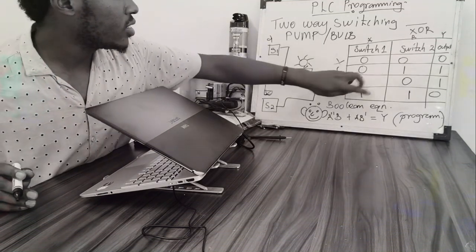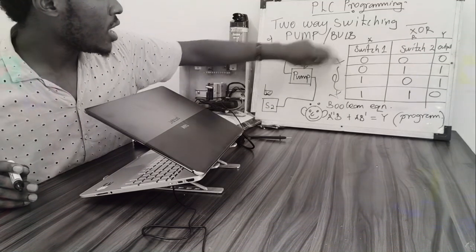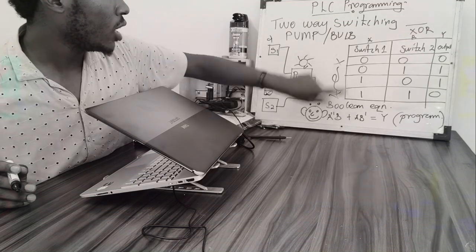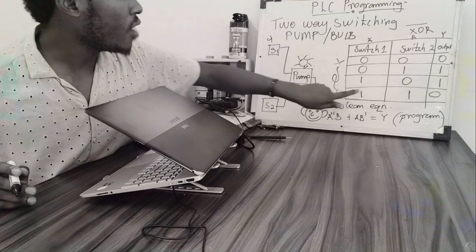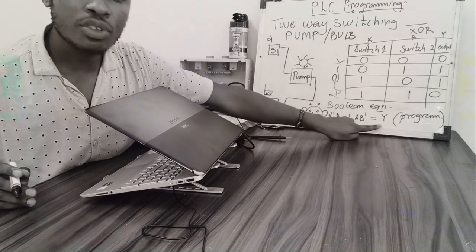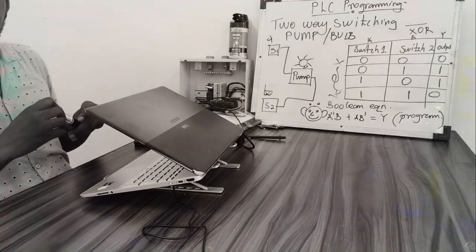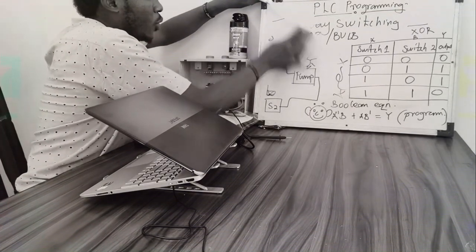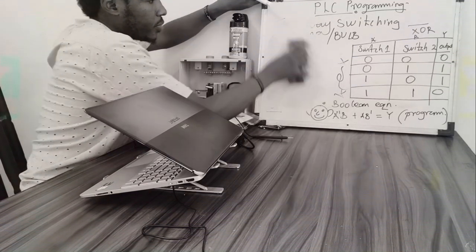If I look at this equation, I can get an output when A is complemented, when I have no signal at A but I have a signal at B, plus when I have a signal at A and no signal at B. This is your entire program, and we shall work on it to see how to get it.